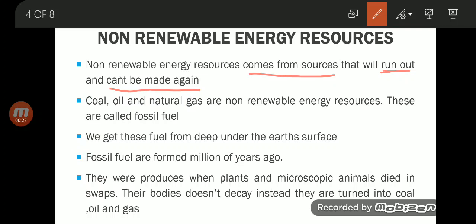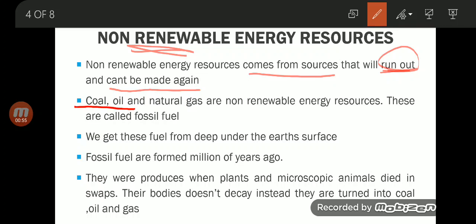Renewable came from the word renew, the thing which can renew. So non-renewable is a thing which you cannot renew. Non-renewable energy resources come from sources that will be finished, that will run out and can't be made again.